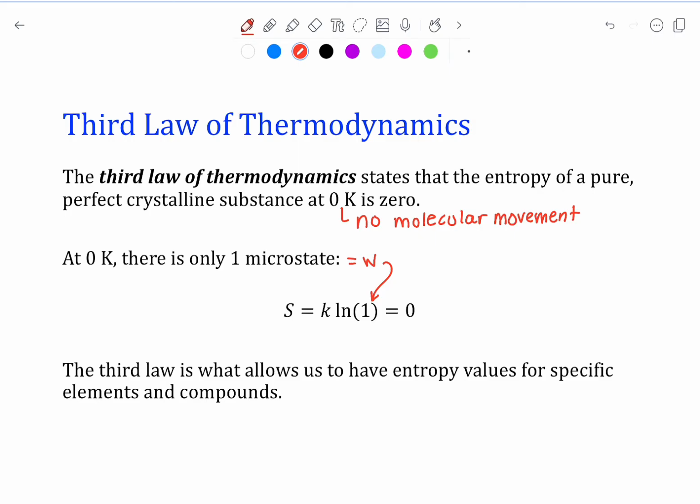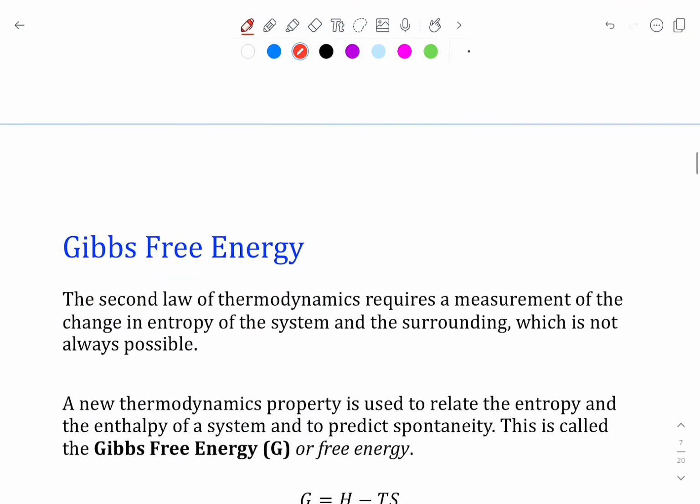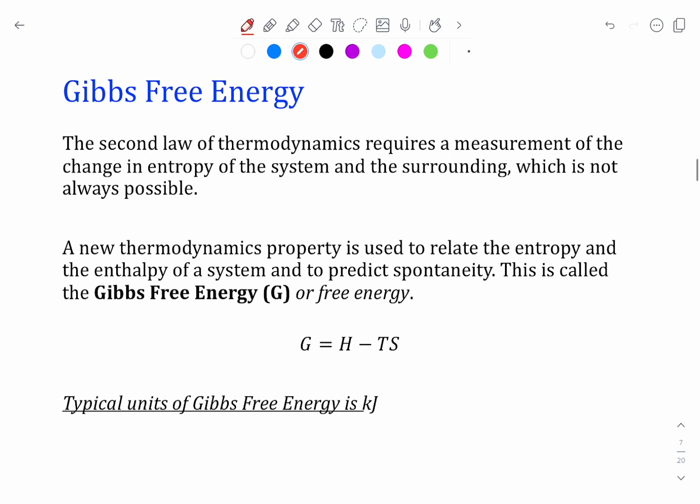So in order to talk more about the spontaneity of a chemical reaction, we do have to introduce yet another thermodynamic property, and that is the Gibbs free energy. The second law of thermodynamics, as we just saw, requires a measurement of the change in entropy of the system and the surroundings, which is not always possible.